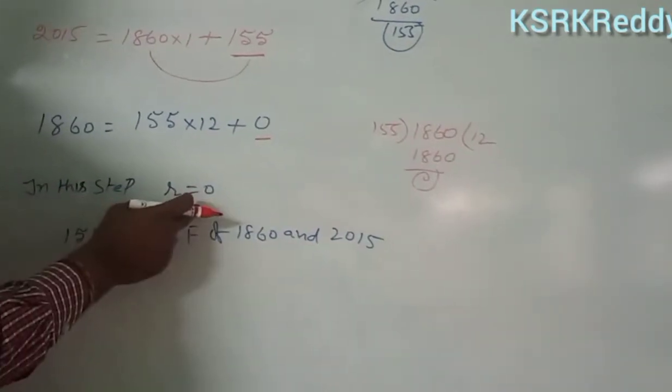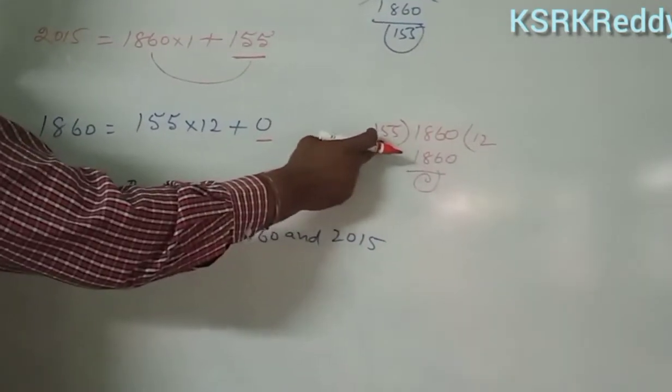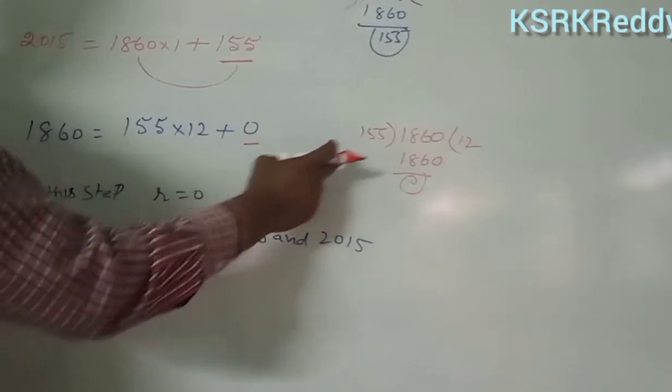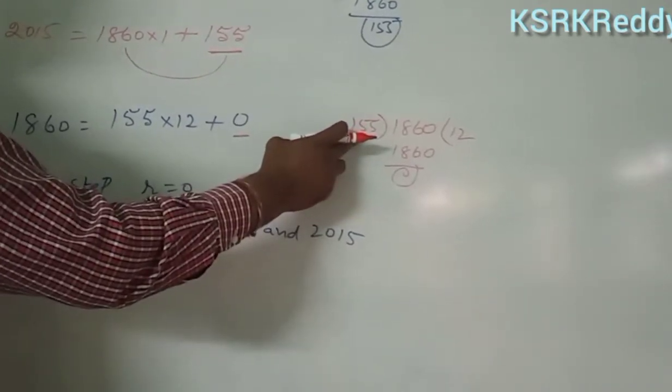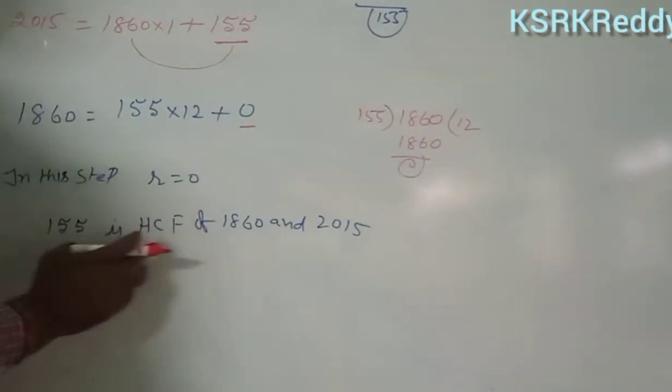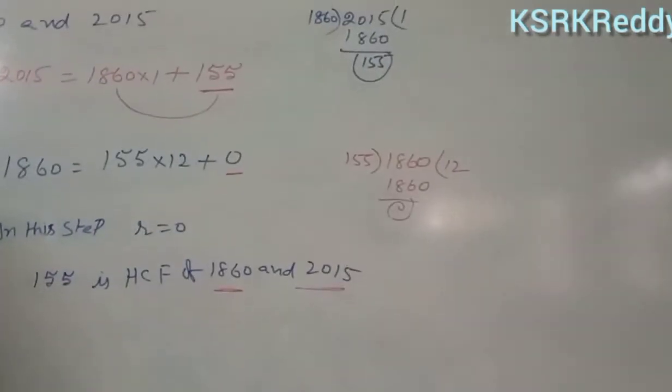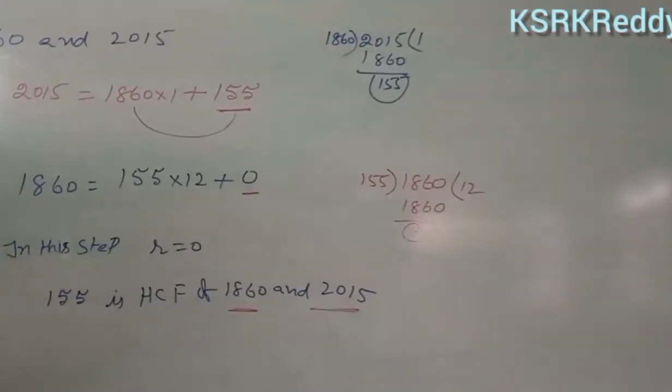In this step R is equal to 0, so it is divisible by 155. So 155 is the HCF of these two numbers, 1860 and 2015.